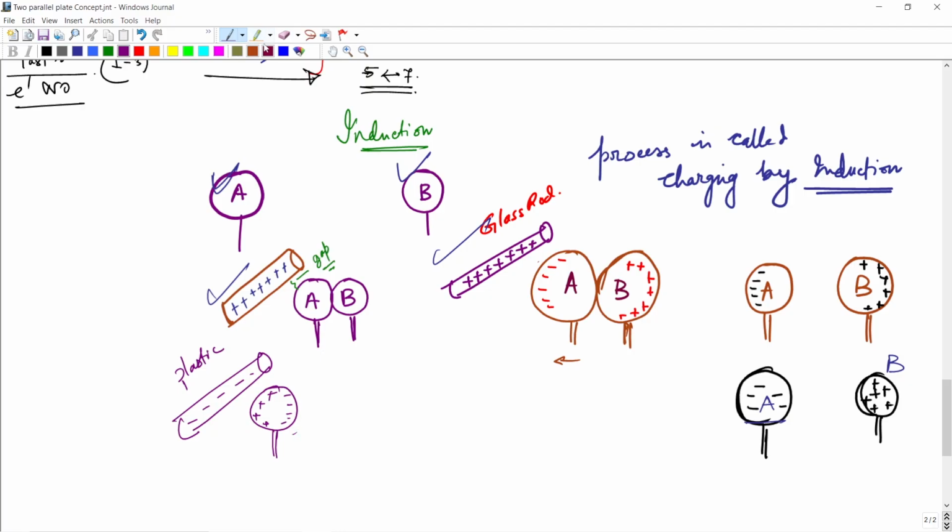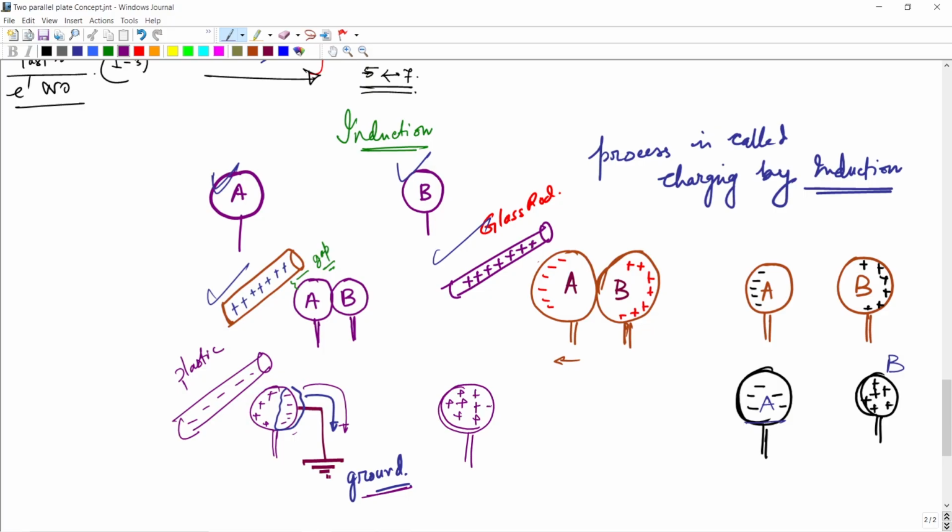Now if we connect the negative to the earth, see very carefully, all these negative charges go towards the earth, because the earth is a huge reservoir of negative charge. This is called ground. So all the negative charges move towards the ground, and finally this metal ball has only positive charge.